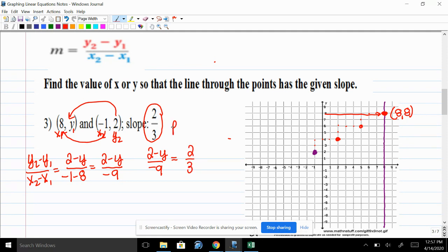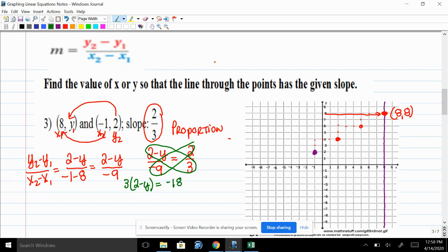Now, if you remember, this is called a proportion, and we solve proportions by cross multiplying. So I'm going to cross multiply the 3 with the 2 minus y. That would be 3 times 2 minus y is equal to 2 times -9, which is -18.